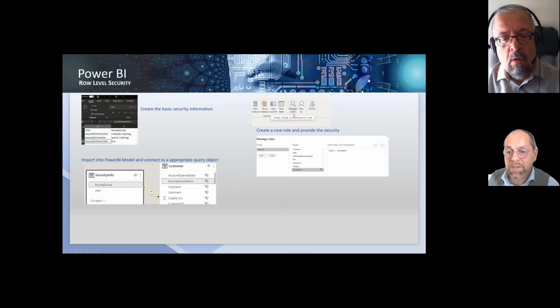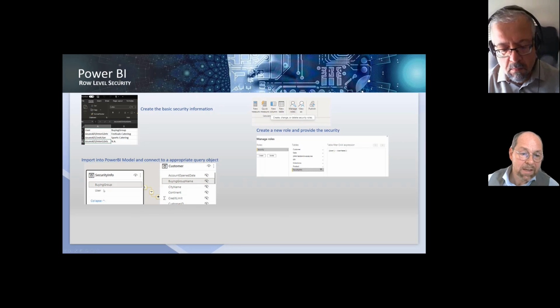The next step is you have to manage some roles and filter the security info, which is this table, according to this role. There's a function inside of Power BI called username, displaying the current username of the logged-in user. And this is set as a filter on the user table in the security info.